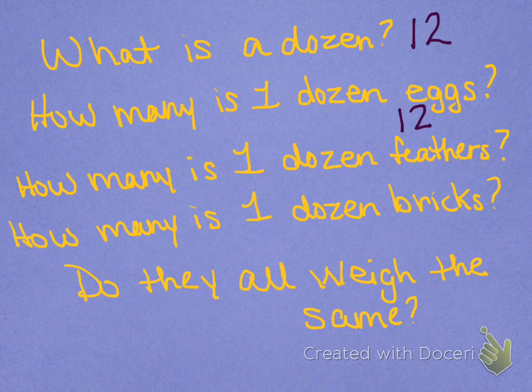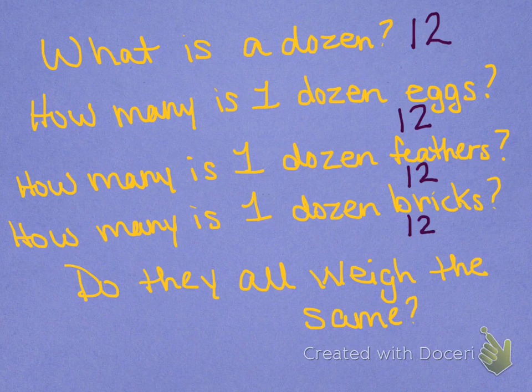If I have a dozen feathers, how many feathers do I have? If I have a dozen bricks, how many bricks do I have? The point is, if I say I have a dozen of something, you automatically know, because you've grown up knowing what a dozen is, I'm talking about the number 12.